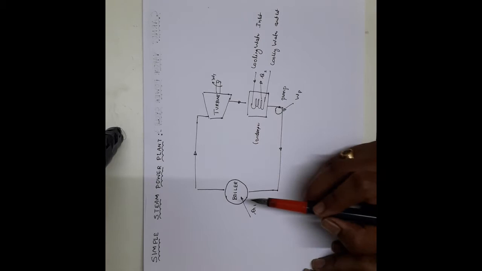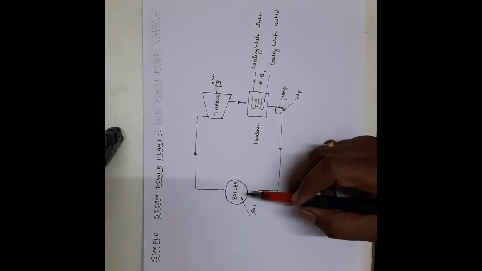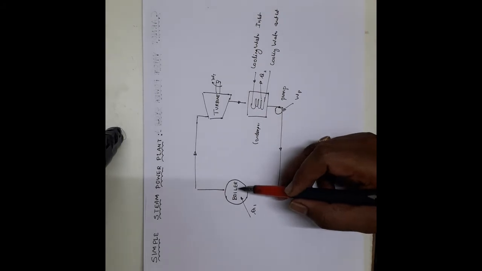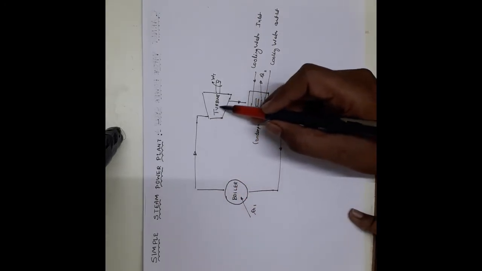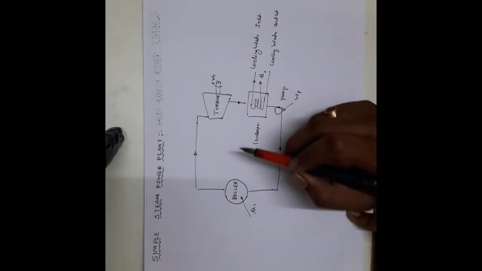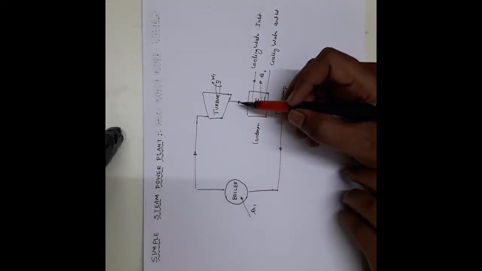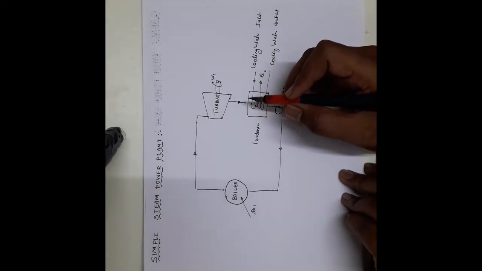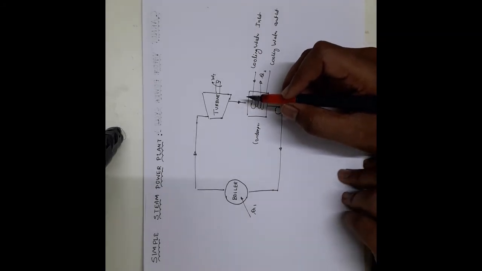In the boiler, water is heated to its vapor state, that is what we say as the steam, and is sent to the turbine, where the steam expands, so that after expansion the pressure at the exit of the turbine is less, and also the temperature drops.